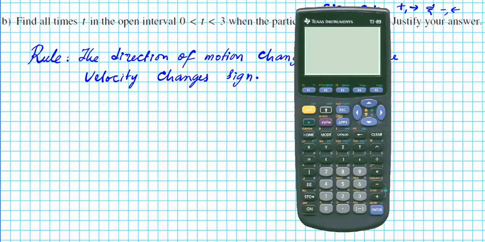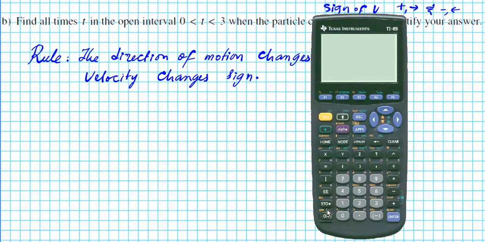Since we can use our calculator in this problem, we don't have to sweat it. We can just take a look at the graph to determine where this sign change happens. So we're going to graph the velocity function. We already have the velocity entered into the calculator, so in my y window, I'm going to type in v of x and press enter.